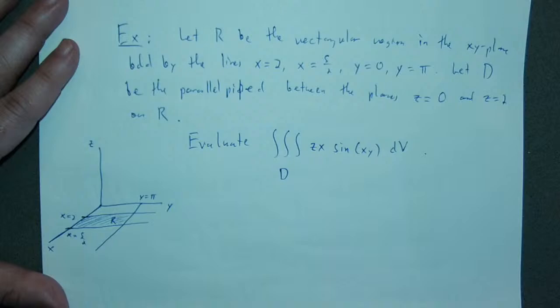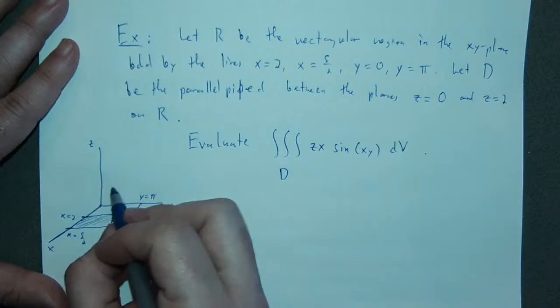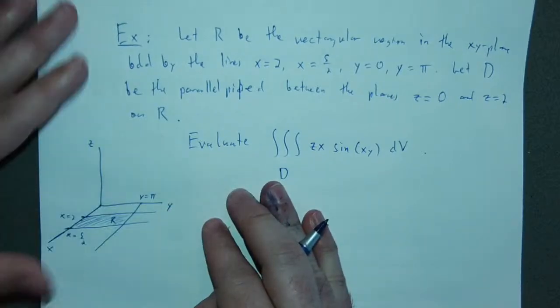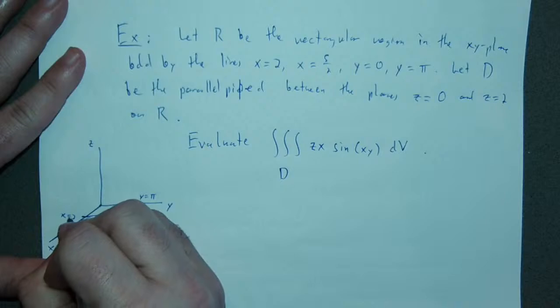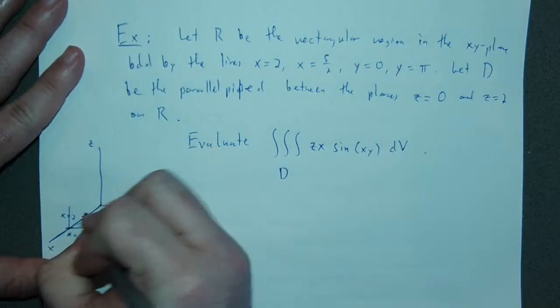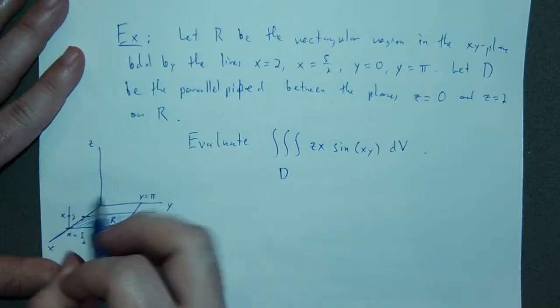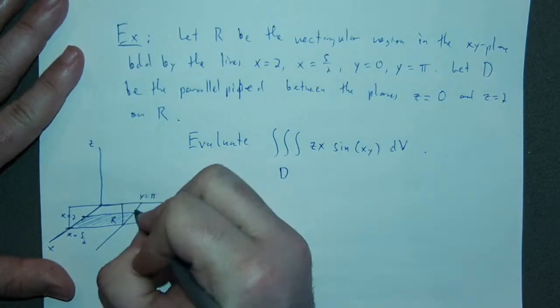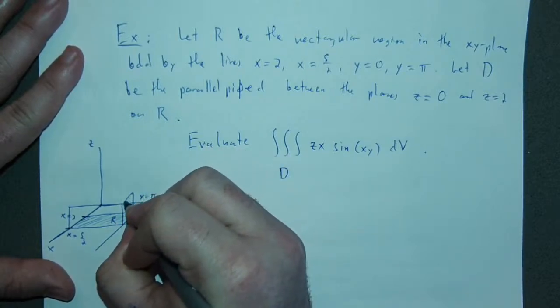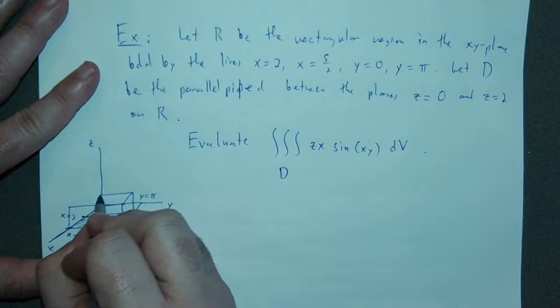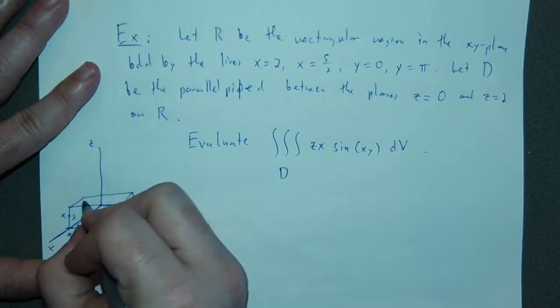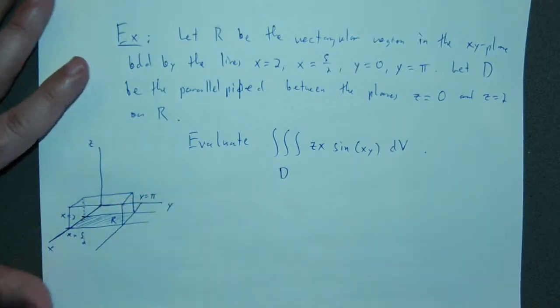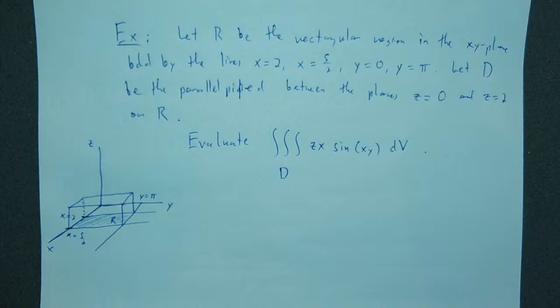Z equals 2 is a plane at height 2 above R. So here's the front face, here's the back face, and it looks something like this. There's my D.